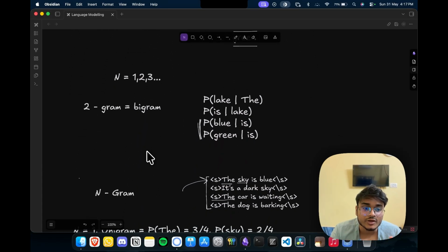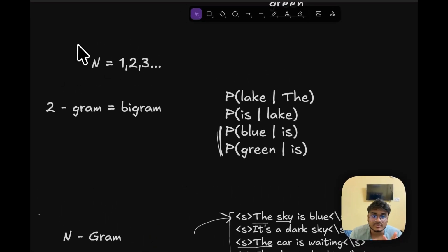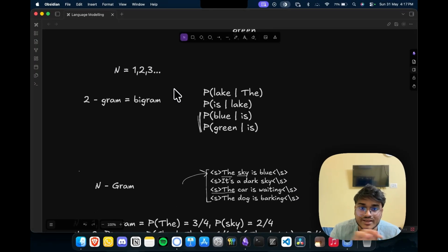So I'm going to give you a more detailed explanation of what the Ngrams are. Let's say the idea is that n means you have all the natural numbers.